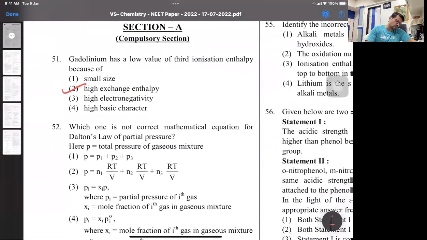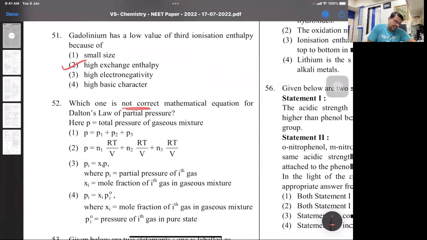The next one comes, which of the following is not correct expression with respect to Dalton's law. Now, Dalton's law of partial pressure is basically you sum up all the partial pressures, and partial pressure of any component is nothing but the vapor pressure of the pure component multiplied by its mole fraction. Sum of all the partial pressures will give you the total pressure.